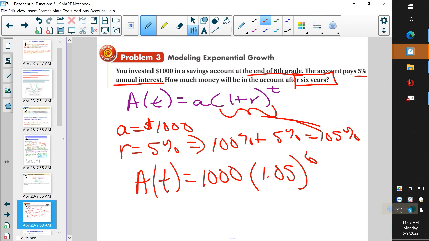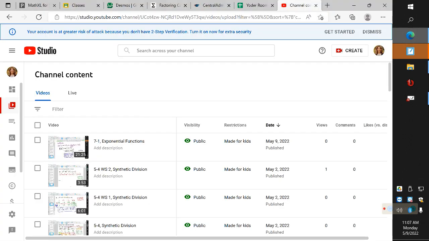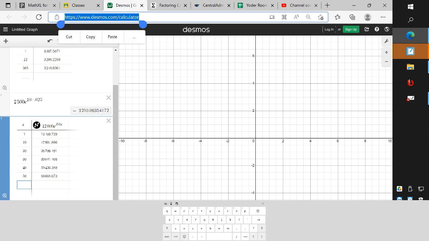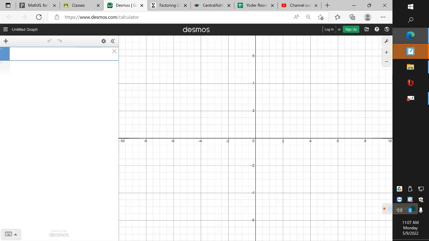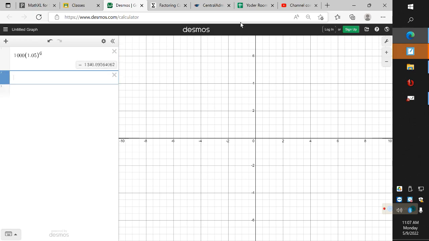So I'm going to come over here to our lovely little Desmos, and I am going to type this in. I said that we have $1,000, parenthesis 1.05, close parenthesis, and then I'm going to raise that to the power of 6. And how much money will I have in my account after 6 years?